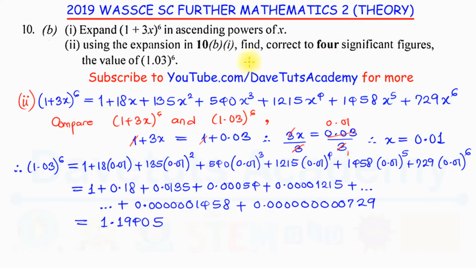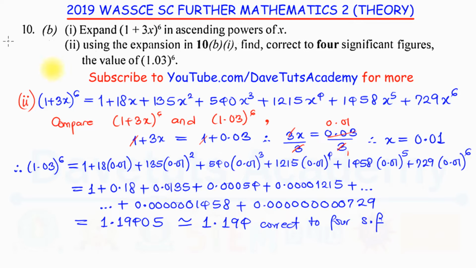Recollect that from the question we are told to find it correct to 4 significant figures. What's the meaning of that? It means the number of relevant digits we should be seeing should be only 4. So if we take 1, 2, 3, 4, that will be approximately 1.194 correct to 4 significant figures as requested.